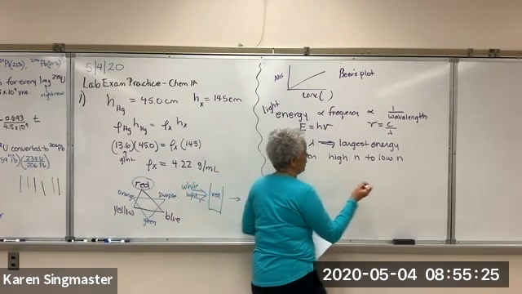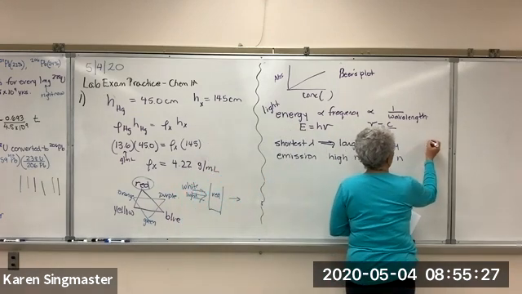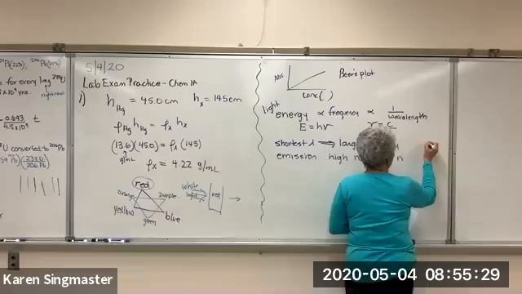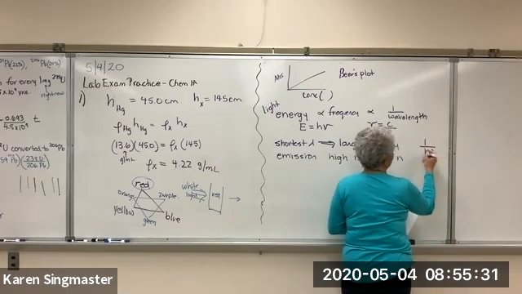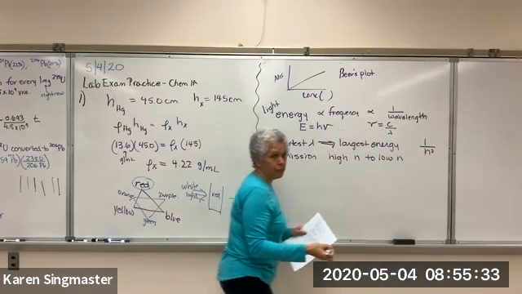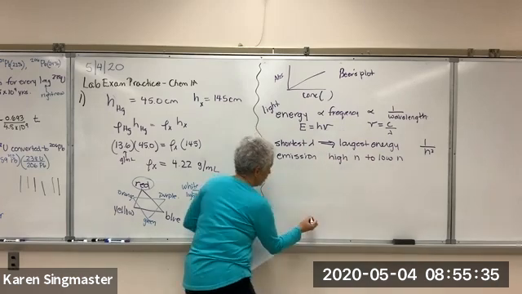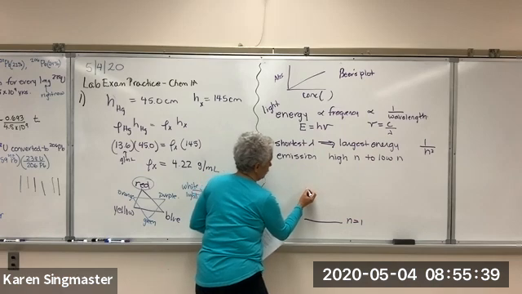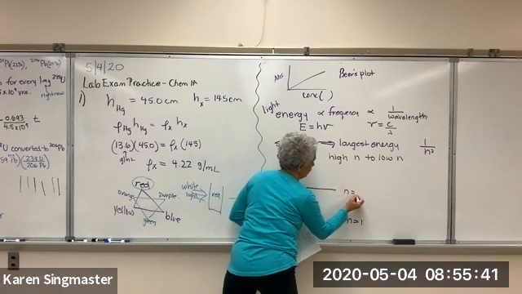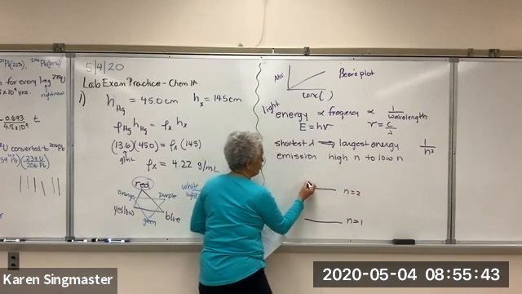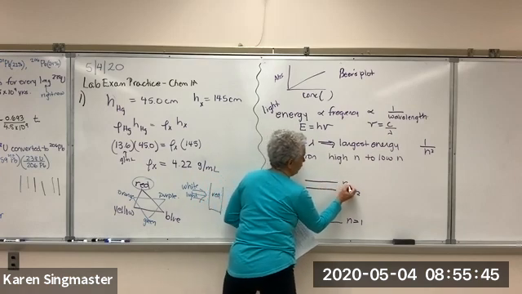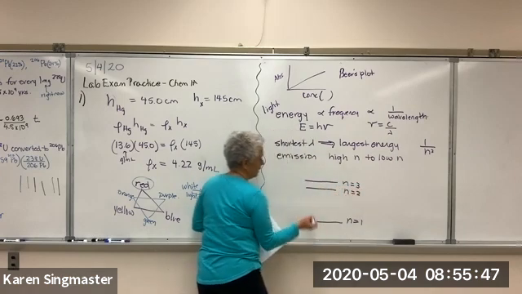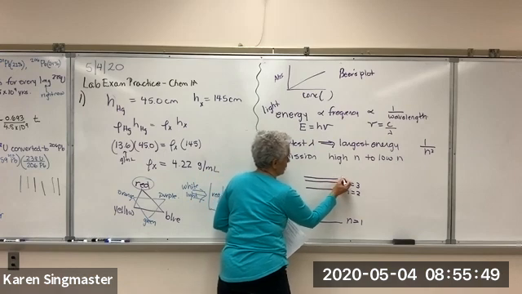If you remember, the equation follows a number over n squared, right? So that was Bohr's equation. So you have your n equals 1. Then you had your n equals 2, some separation, but then now it was smaller. You don't have to get it exactly right. You just have to realize that each time it's smaller.